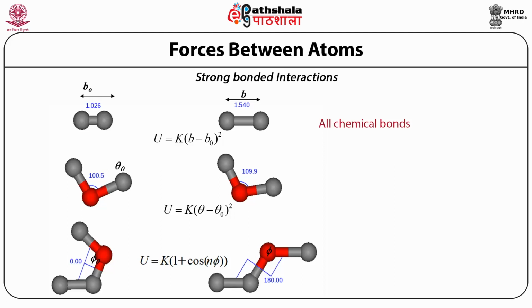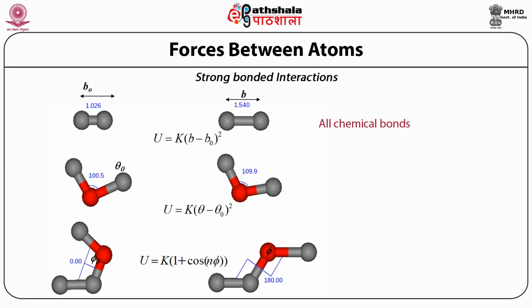The deviation from such a bond length is the only thing we measure when we find the actual forces between atoms. So we use the difference between the equilibrated molecule and its change.